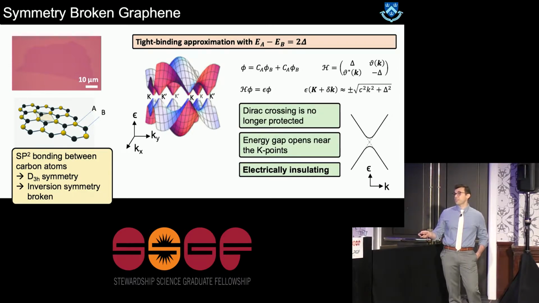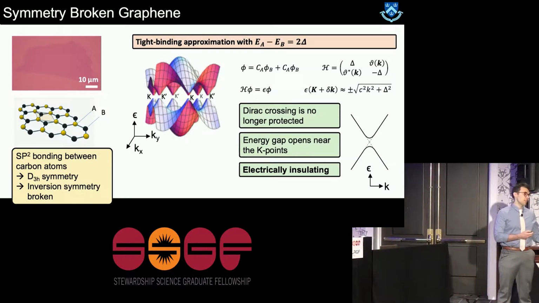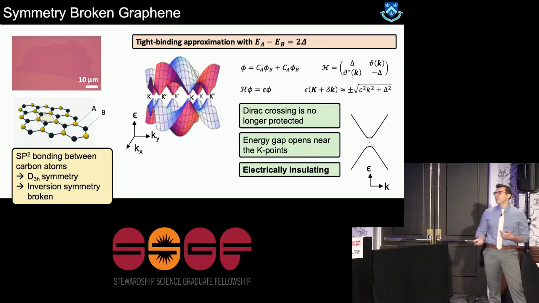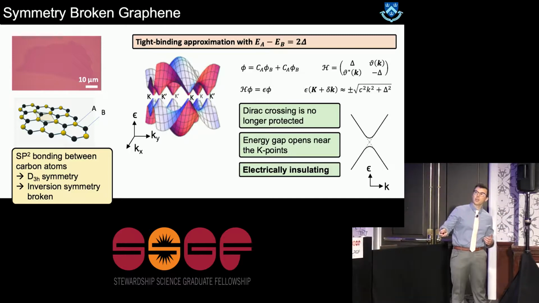So this Dirac crossing is no longer protected, and we now have this forbidden energy zone. A gap has opened up, and we've basically turned this thing that was originally an electrical conductor into an insulator. So the question is, how can we do this? How can we modify the atomic registry in some way such that the symmetry is changed identically to a different symmetry group?